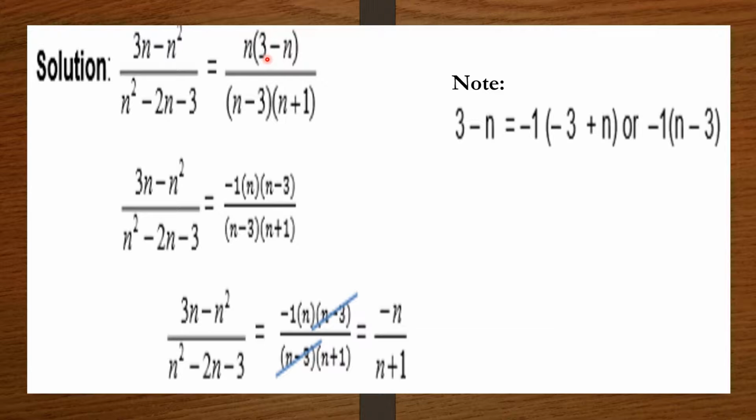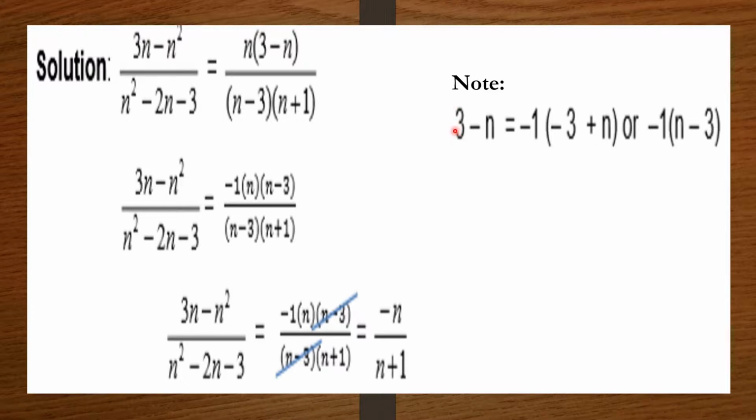Ganito yon. Sulat natin dito yung solution para mas maliwanag yung explanation, ha? Kung kunin mo, I'll get 3 minus n. Okay. I will factor out the opposite of 3. What is the opposite of positive 3?